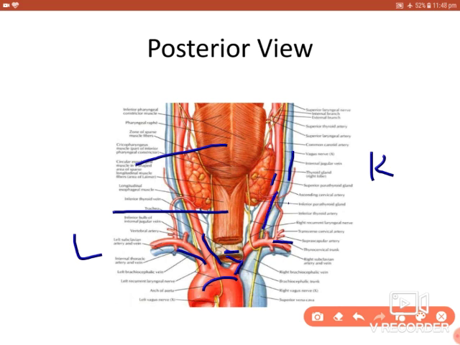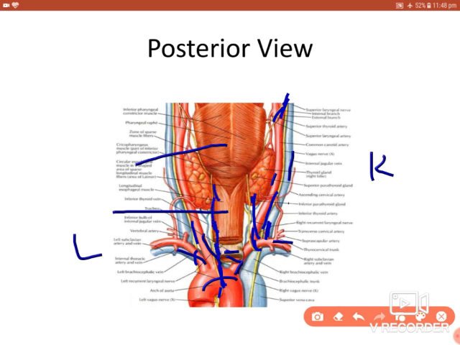See this vagus nerve. Superiorly it provides one branch, the superior laryngeal nerve. From here it provides another branch, the recurrent laryngeal nerve. On the right side it hooks around the subclavian artery and ascends through the tracheoesophageal groove superiorly. On the left side, the vagus nerve provides the left recurrent laryngeal nerve, which winds around the arch of aorta, then ascends through the tracheoesophageal groove.